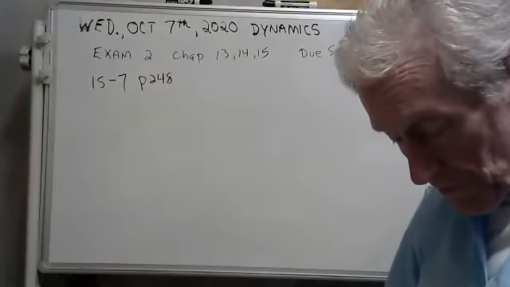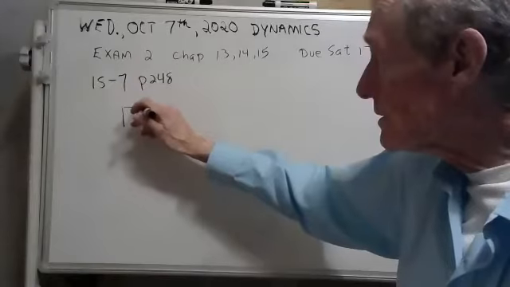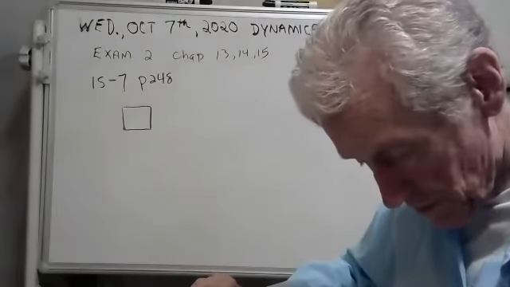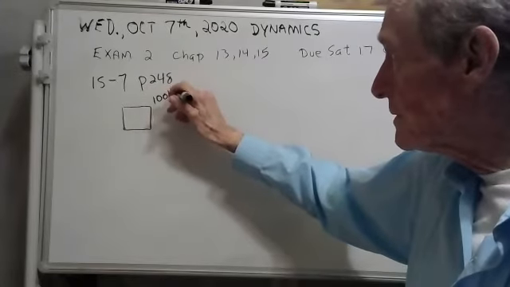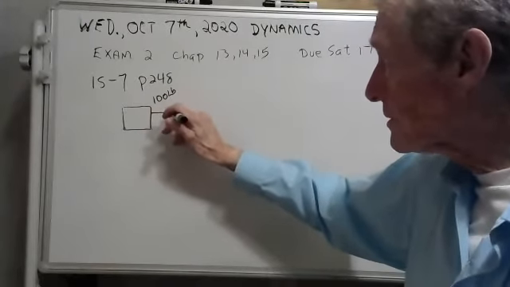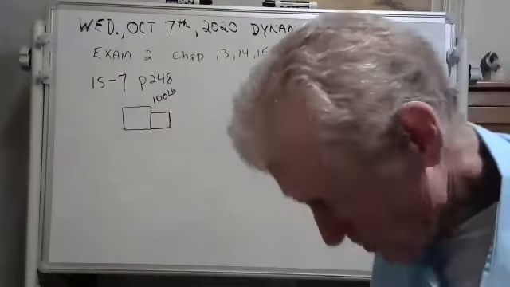We have two crates, A and B. Here's A, and it's 100 pounds. And then there's B, it's a little smaller. It's 50 pounds.